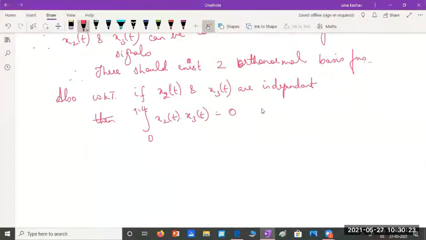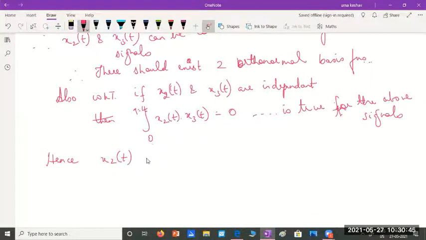Okay. This is true for the above signals. So for whatever signals are given above, this is surely true. Hence, x2 and x3 are orthogonal to each other.